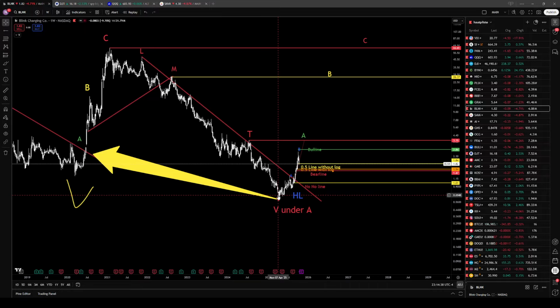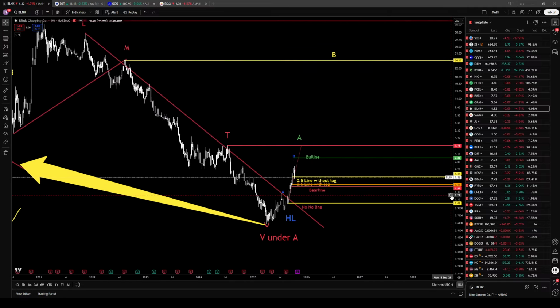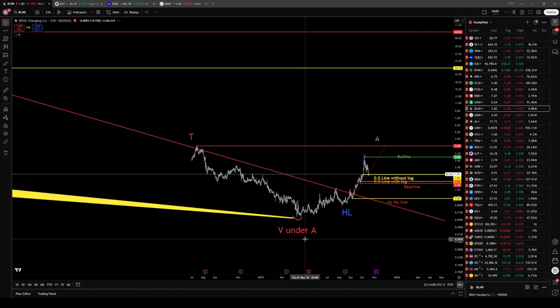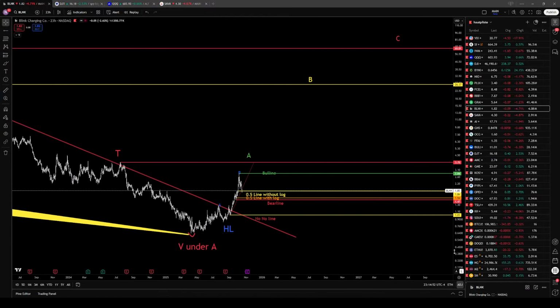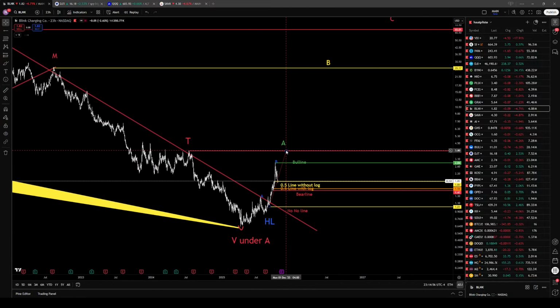You did your perfect V and A. You already did your high low, and here again, I don't think we already got our A peak yet. So our A peak would be around 380, a little bit under it, a little bit over it. And your next target would be 26.